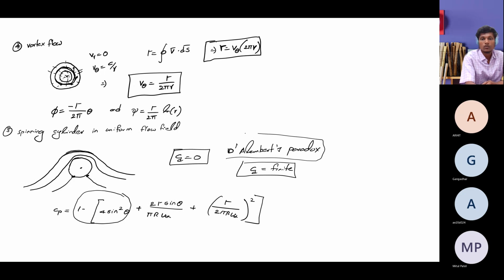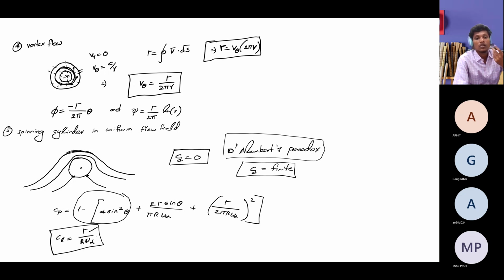This finite drag versus zero drag we call the D'Alembert's paradox. And then we have CL equals to, this we call the Kutta-Joukowski theorem, where for the first time we got a relation of CL that relates the circulation, some characteristic length r, and the free stream velocity.